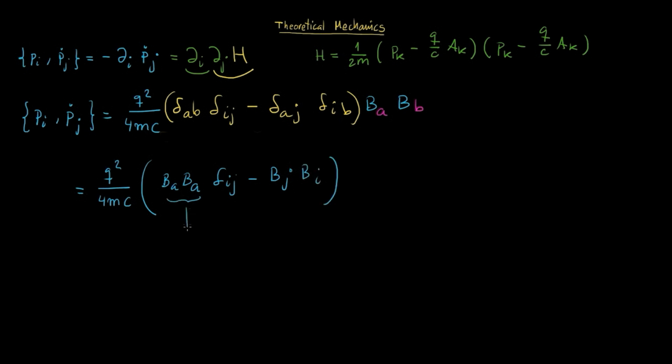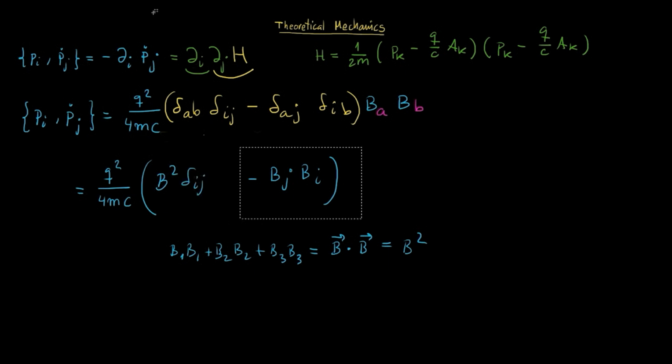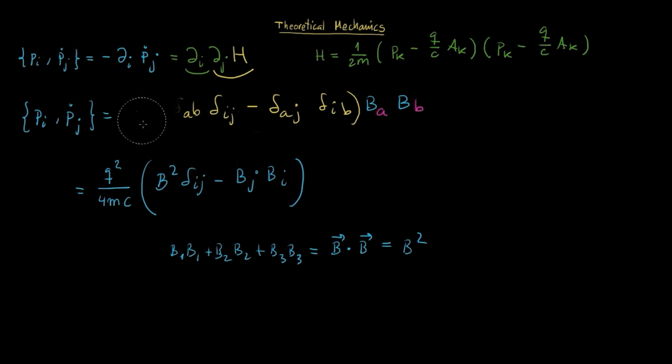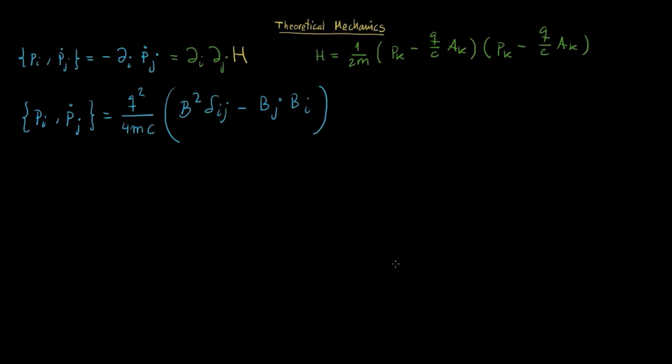But this is a sum because there is a repeated index. So this is a1 a1 plus a2 a2 plus a3 a3, namely the dot product between a and itself, so a squared. So this is a squared delta_ij, and that's it. The final result is this. So we're finished. See you next week.